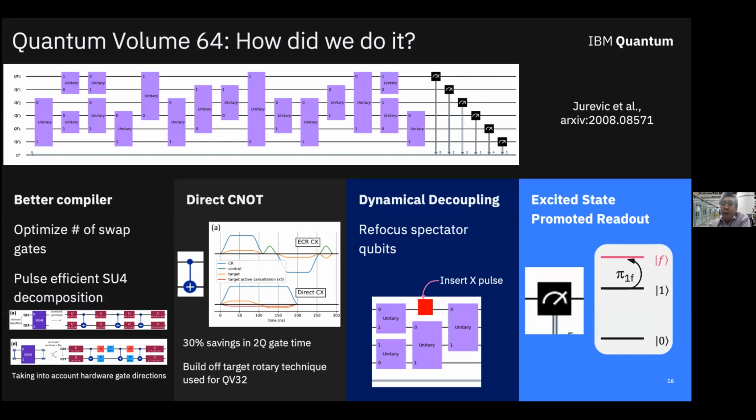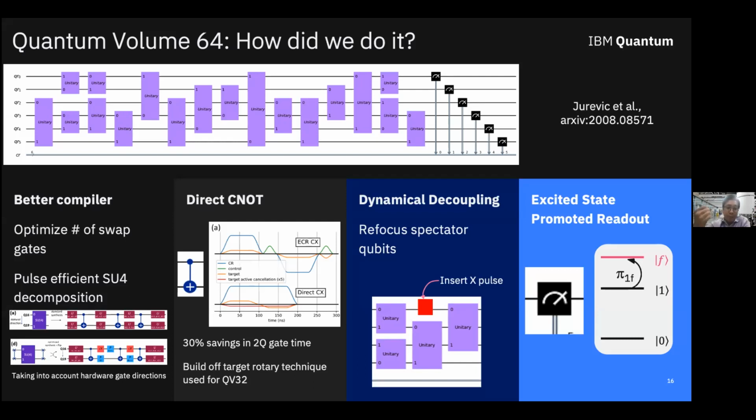A number of different elements all come into play to driving quality, right? And so this slide really tries to capture all the different pieces that can matter, especially when it comes to driving the ability to run these circuits on our hardware.